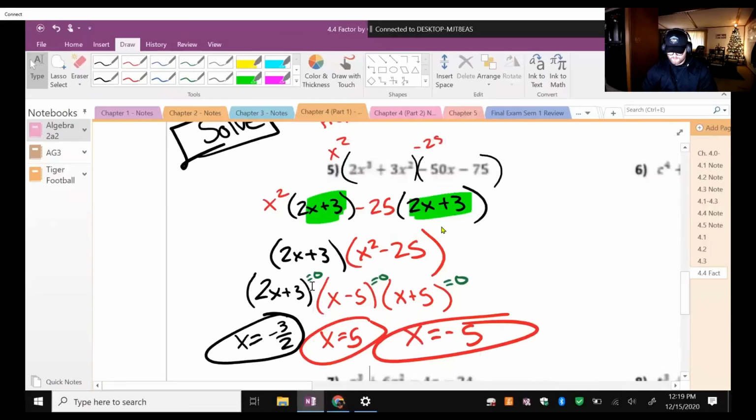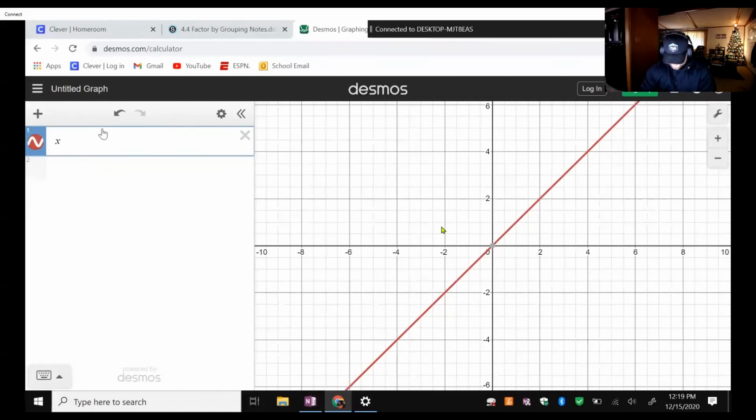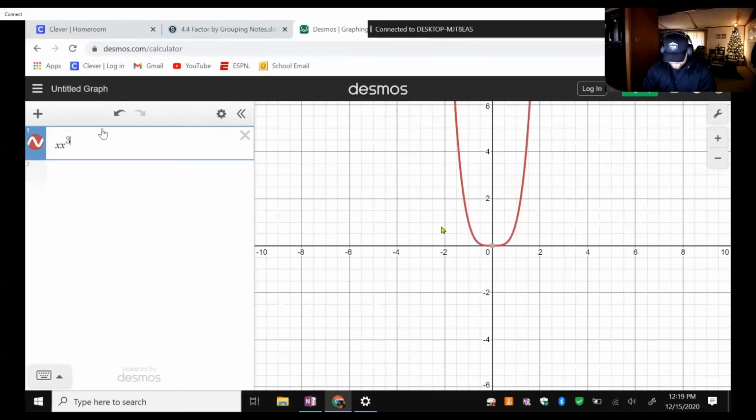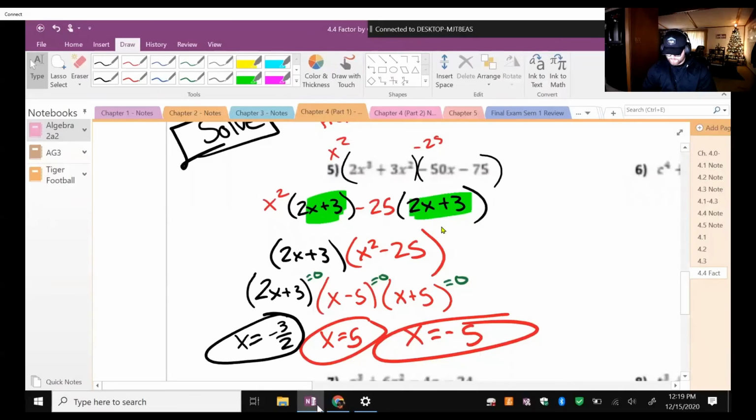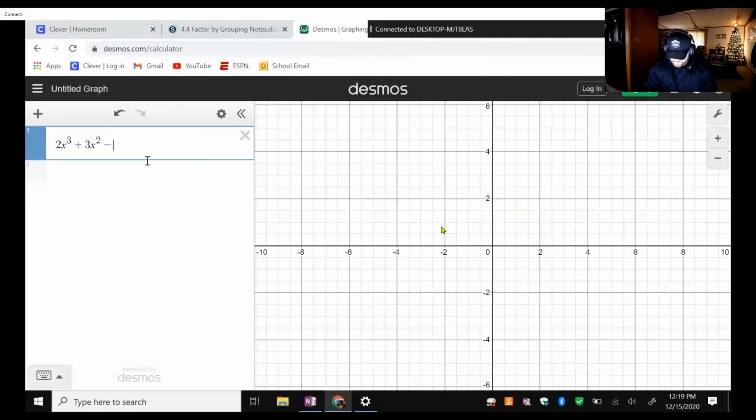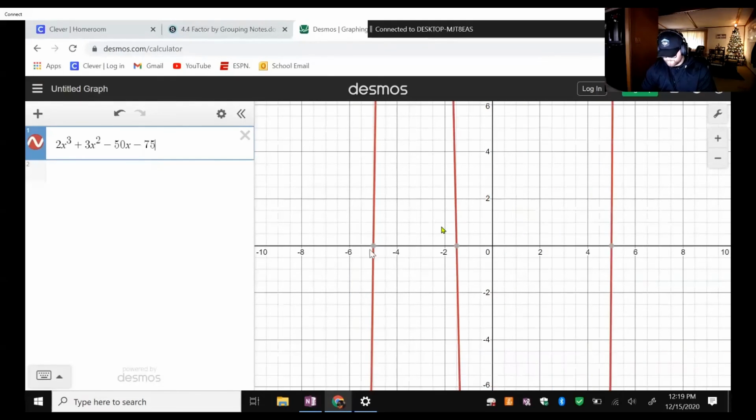Let's see what we get. 2x cubed plus 3x squared minus 50x minus 75.